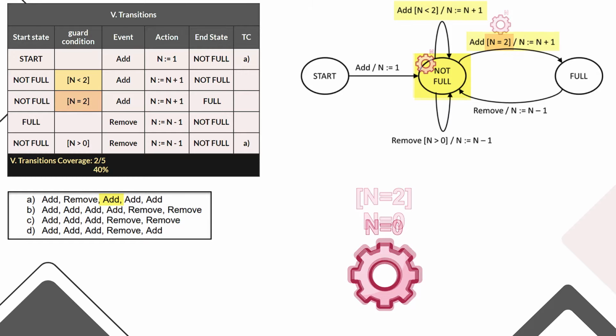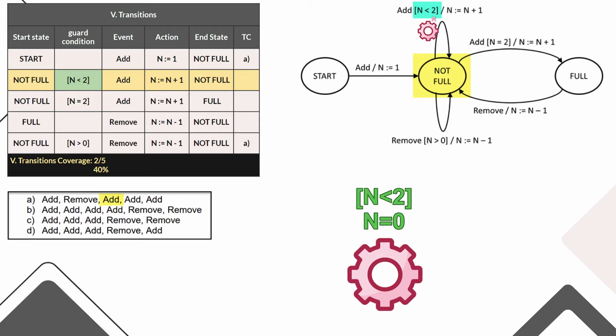Event add in the third transition has a guard condition, n is equal to 2. In our case, n is 0. Accordingly, this transition is currently impossible, unless we want to test an invalid test case. However, since we are looking at valid transition coverage, this is not our option.